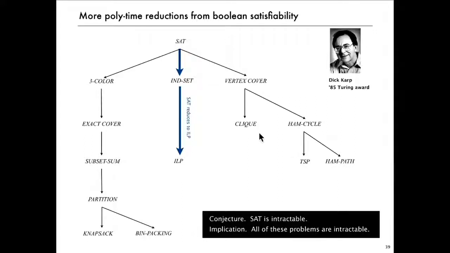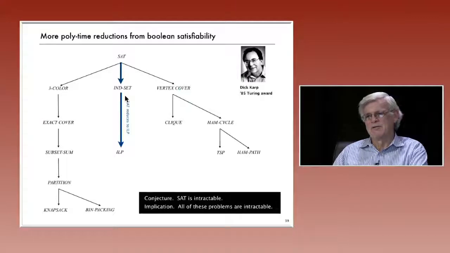So what Karp showed is that all of these problems are intractable. They're all at least as difficult as SAT. If we had a polynomial time solution to any one of them, we would have a polynomial time solution to SAT.